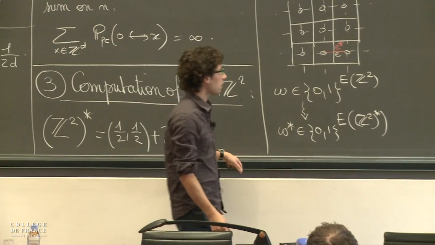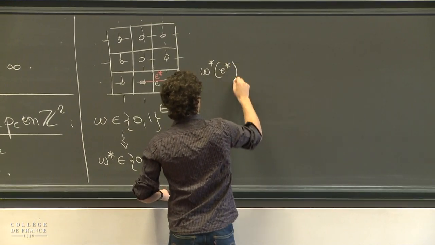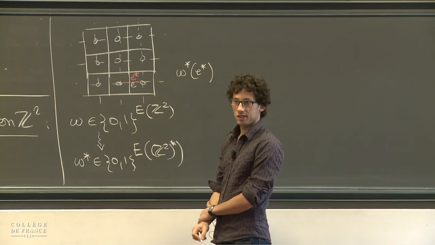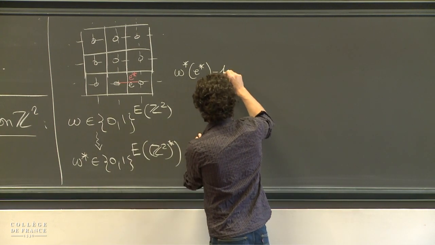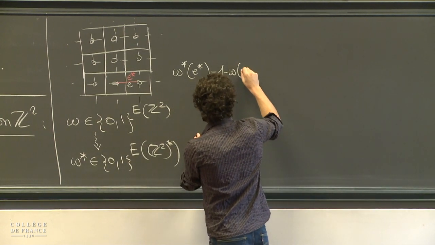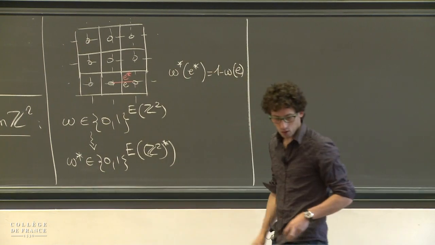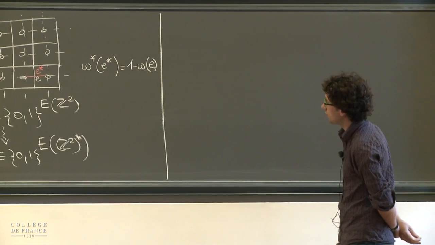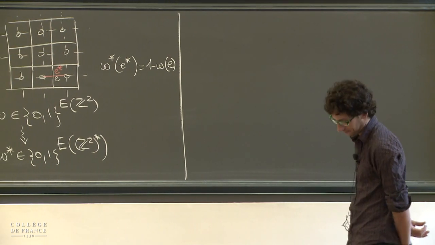I'm just going to say omega star of E star, so the state of the edge E star, is open if the edge E is closed and closed if the edge E is open. So this is going to be equal to 1 minus omega of E. So I have defined like that a percolation configuration, the dual configuration on the dual lattice.